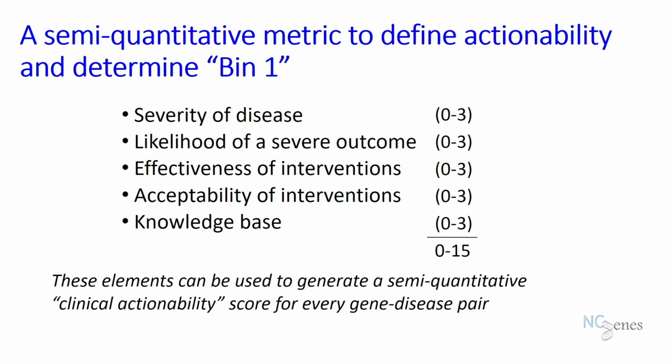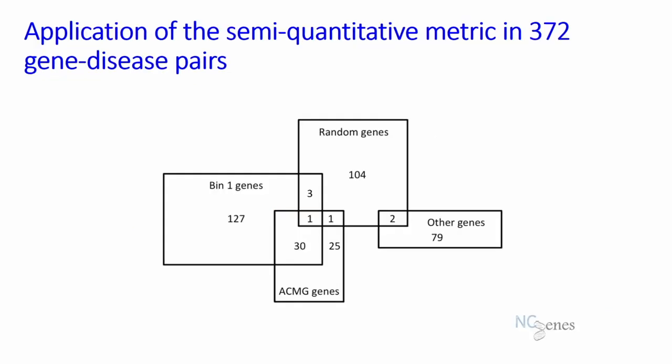And we simply scored these on a 0 to 3 scale and tabulated them up. This gave us a relatively rough way to assign actionability. Of course, there are many caveats to how we did this. But we applied this initially in 372 gene disease pairs. We've now gone up over 750.